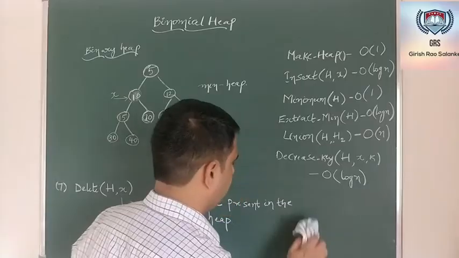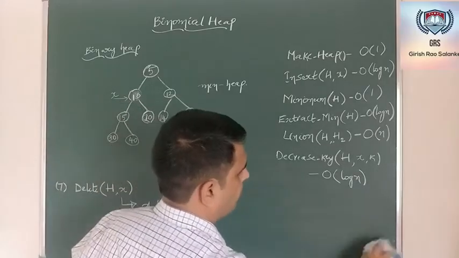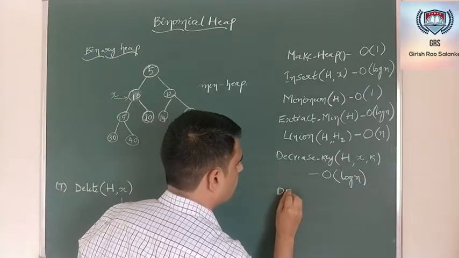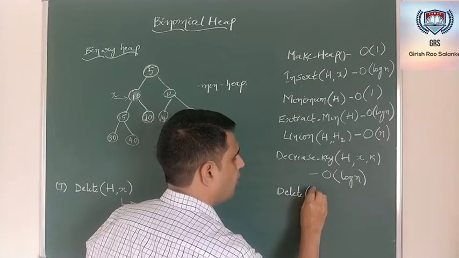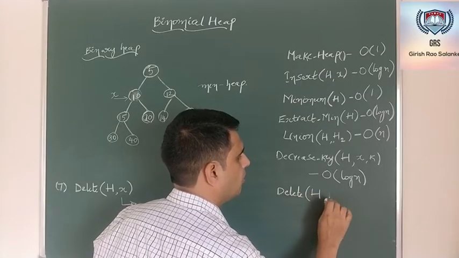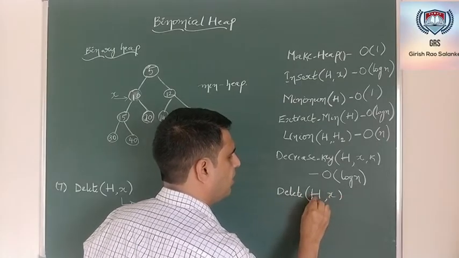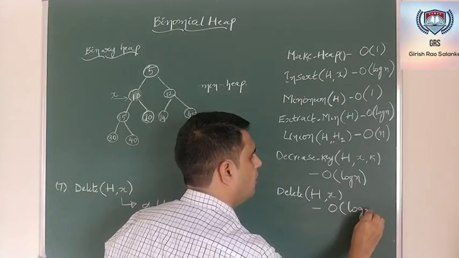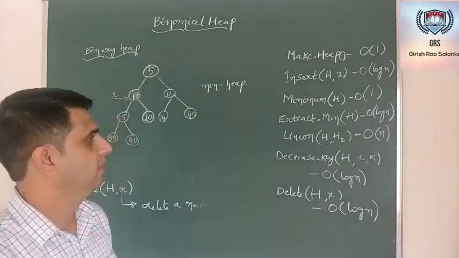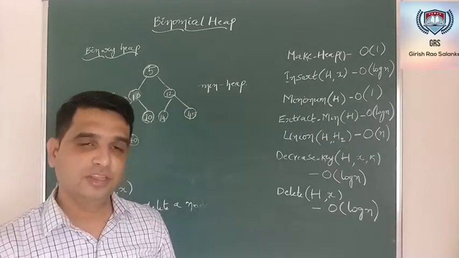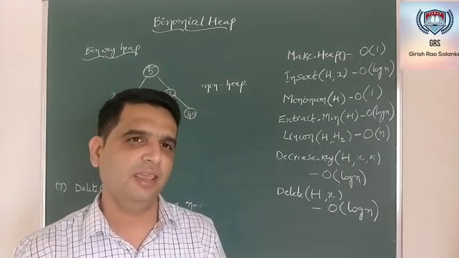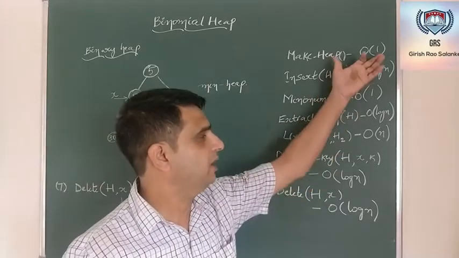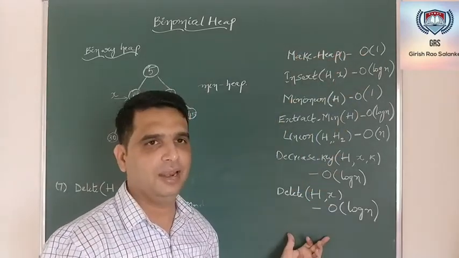So note that the delete operation on heap H, wherein I want to delete node X, takes log n time. So this was about what we mean by a binary heap, as well as the time taken to perform this operation on a binary heap.